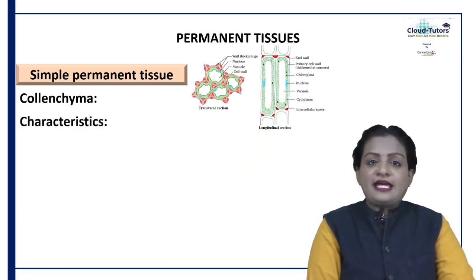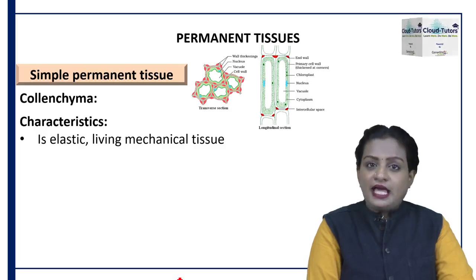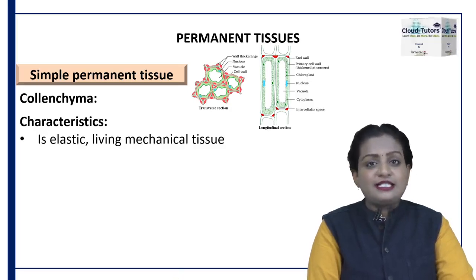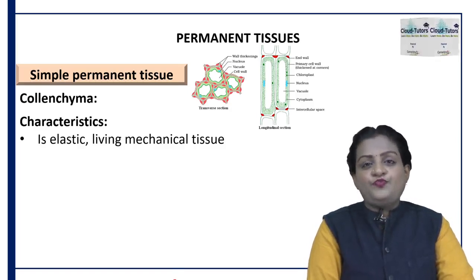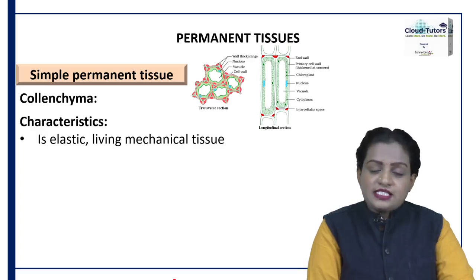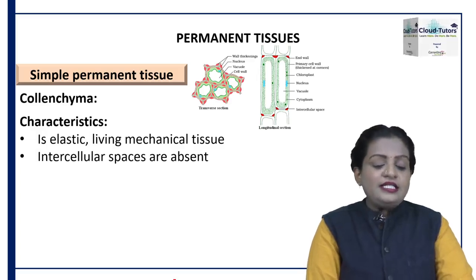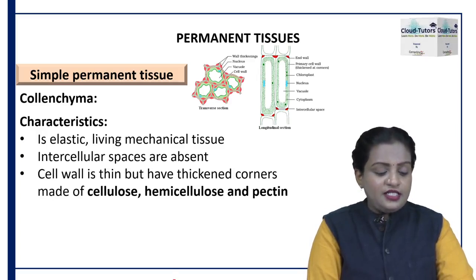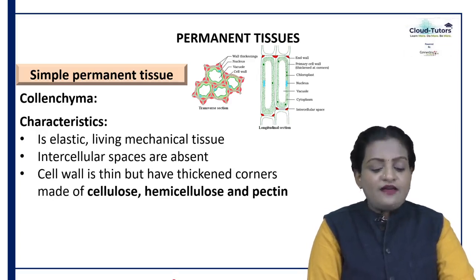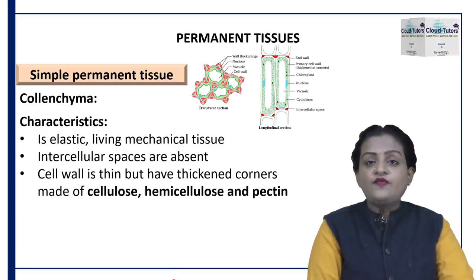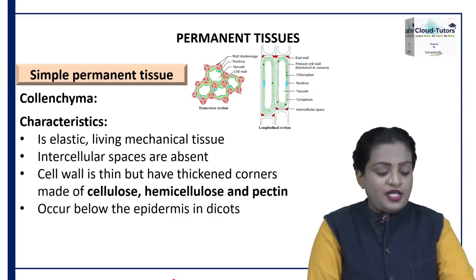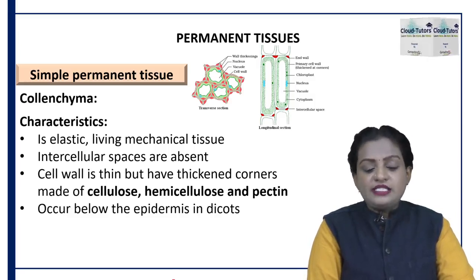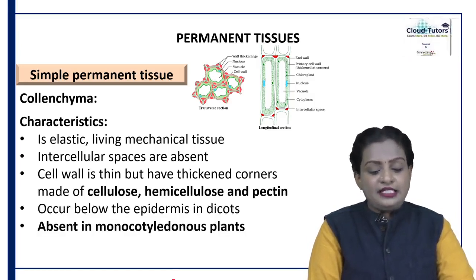Coming to the general characteristics of collenchyma, it has cytoplasm, protoplasm, so it is a living cell, but it is a living mechanical tissue. It helps in giving mechanical support to the plant body. Intercellular spaces are absent. Cell wall is thin, but has thickened corners which are made up of a combination of cellulose, hemicellulose and pectin, and it occurs below epidermis in dicots and is absent in monocotyledonous plants.